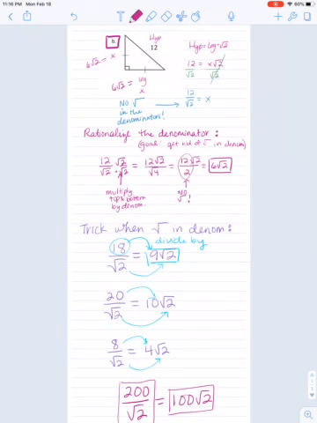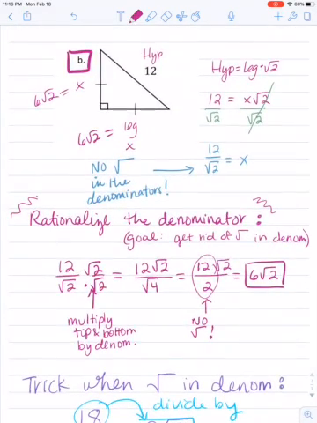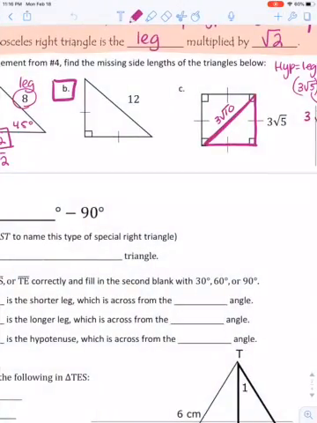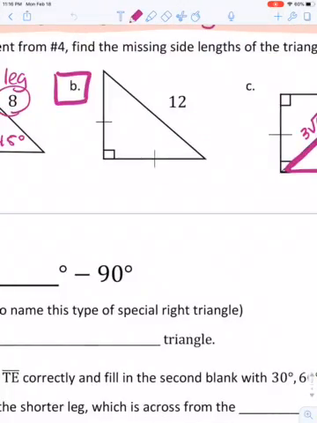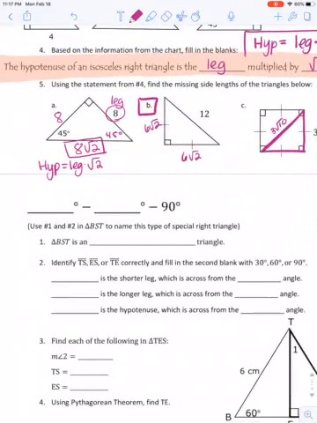So that's my little mini rationalizing lesson. You'll have a few questions on the homework like that, alright? But mostly your questions should be like A and C on this problem. Okay? Alright. So that concludes, B is 6 square root of 2, right? Notice how that's half of the 12. Half of the 12, stick on the square root of 2, right? Okay. That concludes page 1. Yes! Let's go on to page 2.